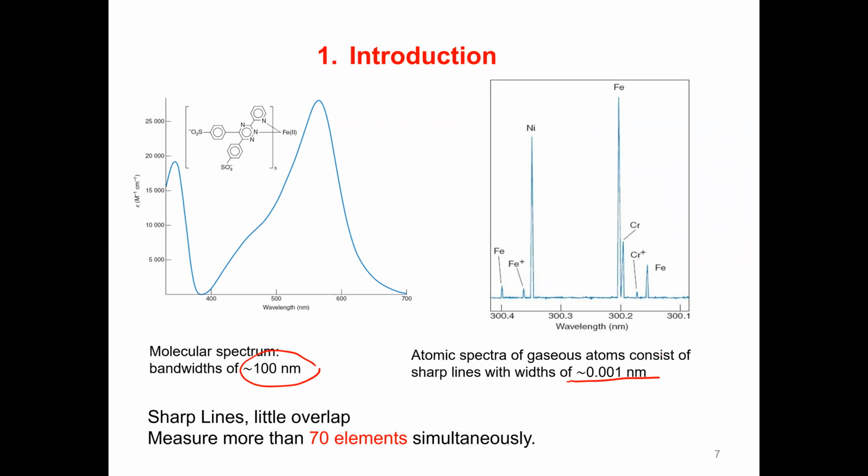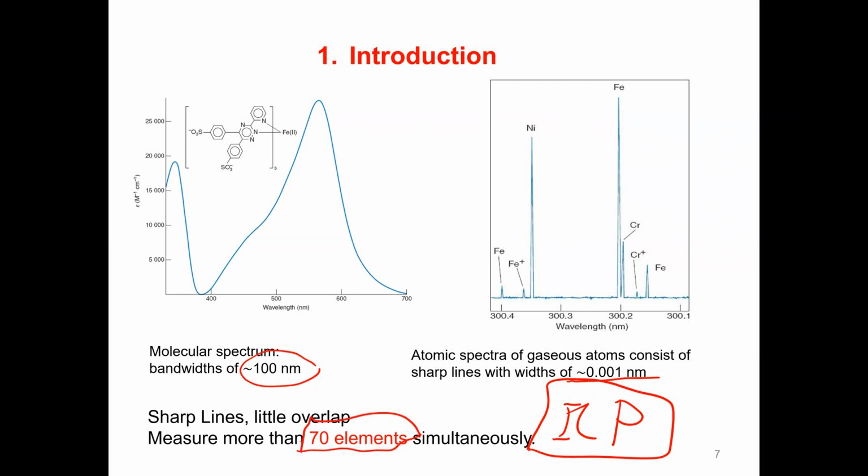How many can we detect? If we use the best atomic spectroscopy, for example, the ICP technique, we are going to discuss that later. And also we have this instrument we are going to use in the lab this semester. You can simultaneously measure 70 elements.